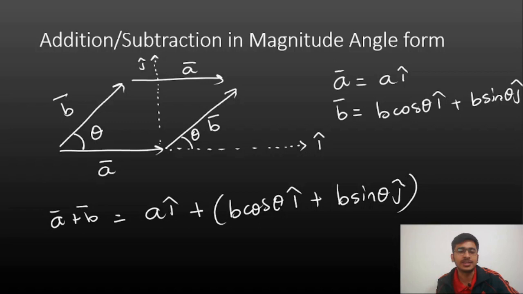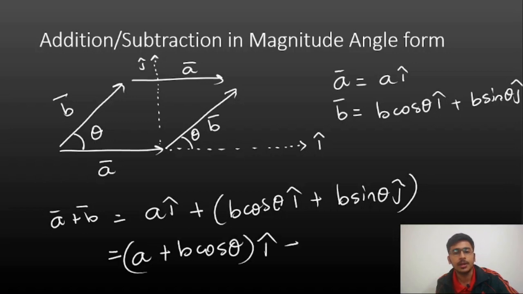And well, we had studied that we can only add the similar components. So I can add I cap with I cap and j cap with j cap, but I don't have any other j cap other than B sin theta. So A vector plus B vector can be written as (A plus B cos theta) I cap plus B sin theta j cap. So this is how I can write it.